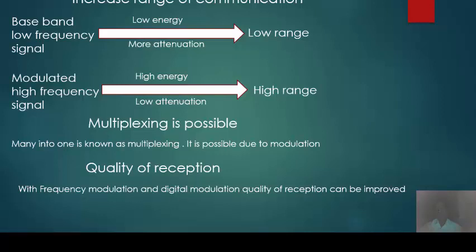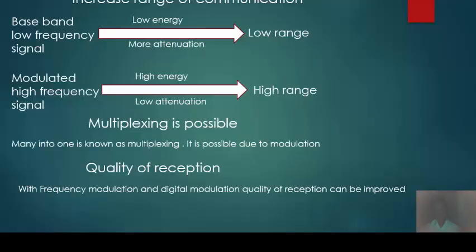Therefore the quality of reception is very good in frequency modulation or digital modulation. So these are the different advantages of the modulation process. If we are sending the signal with the help of modulation, then it is very convenient to send the signal from one place to another place. So these are the advantages of modulation.